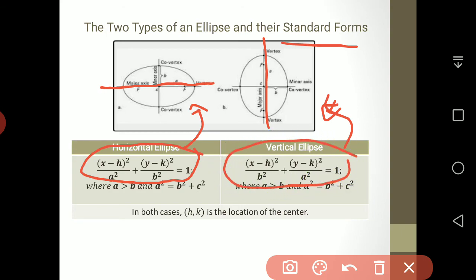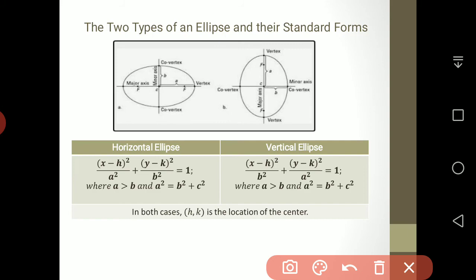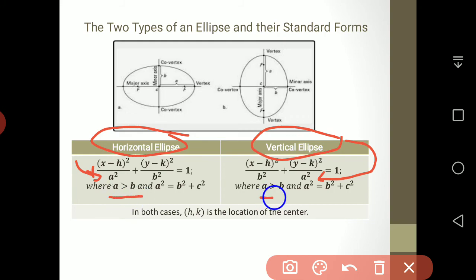The difference lies with the denominators of our x and y variables. a squared is under the x variable for the horizontal ellipse, and under the y term for the vertical ellipse. a is always greater than b, and we maintain this equation: a squared is equal to b squared plus c squared.